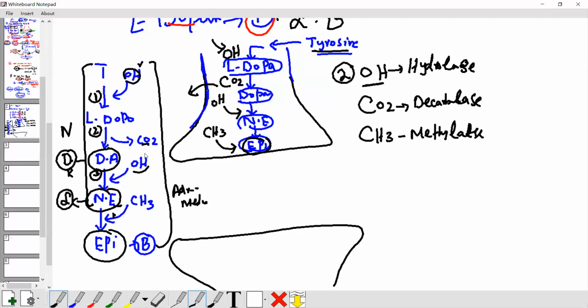Norepinephrine has two OH, one OH here, one OH here. Clear? Norepinephrine does not have a methyl group. This difference clear or not? Norepinephrine prefers alpha and epinephrine prefers beta. Clear? This preference.